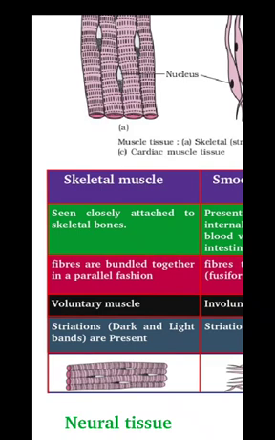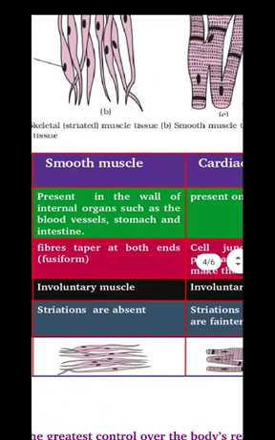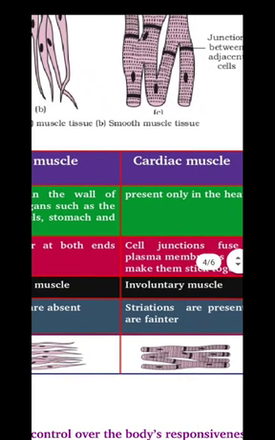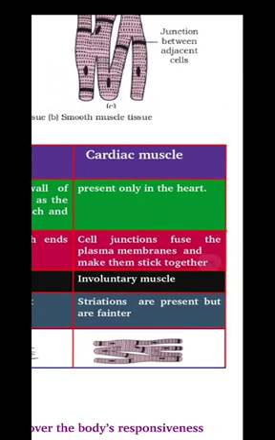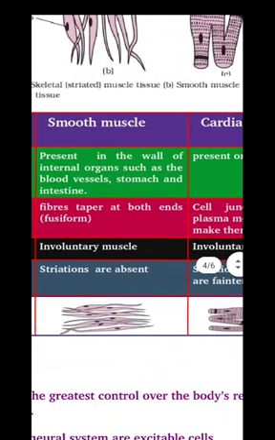The fibers taper at both ends, which is known as fusiform. And in cardiac muscle, cell junctions fuse the plasma membranes and make them stick together.